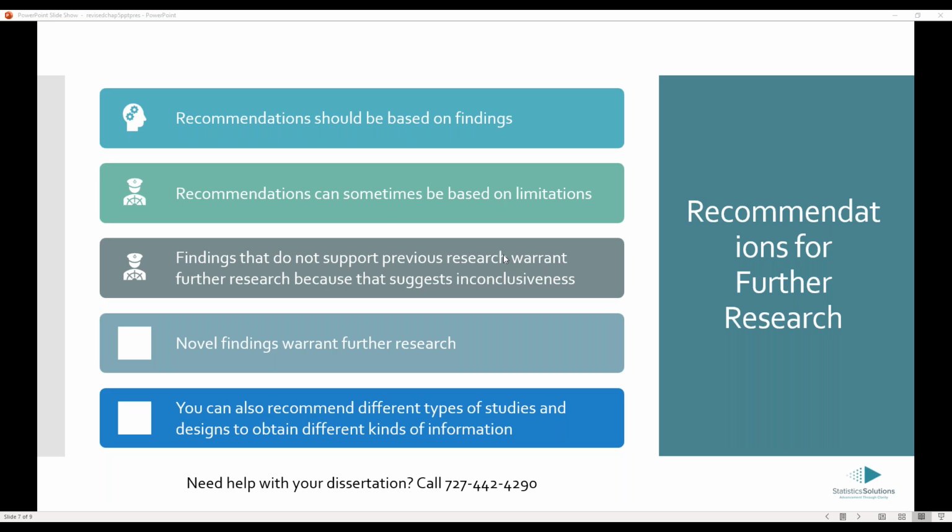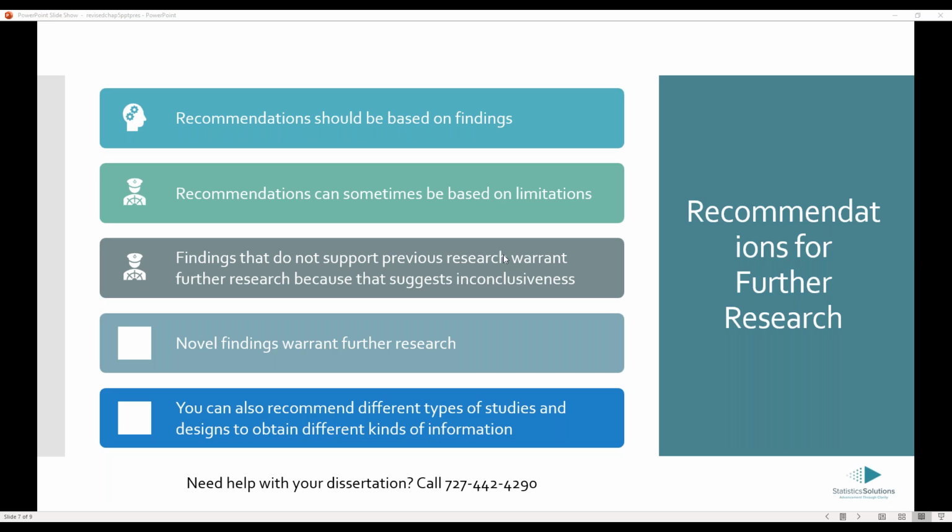If you conducted a qualitative study and you found some things that are fairly significant as far as constructs or ideas, you could recommend a quantitative study to empirically, or quantitatively, test those constructs or ideas. And a different type of study too is a longitudinal study.